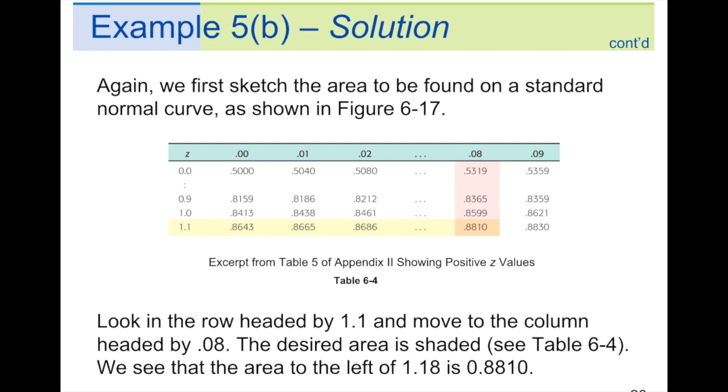So look in row headed by 1.1 right here and move to the column headed by 0.08. The desired area is shaded. We see that the area to the left of 1.18 is 0.8810.